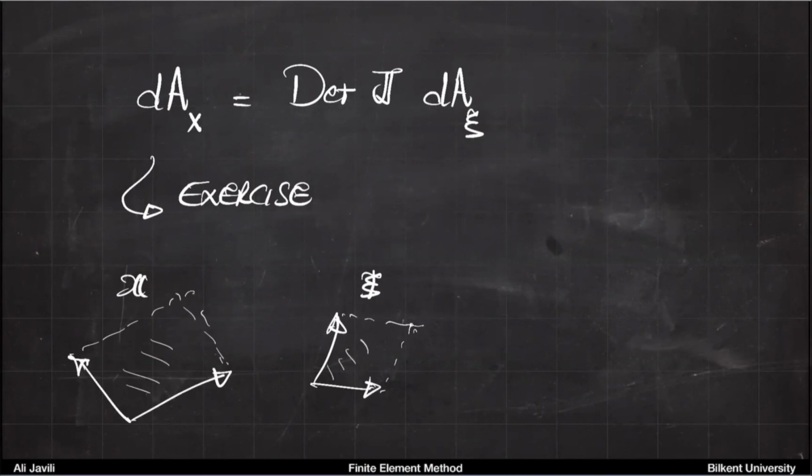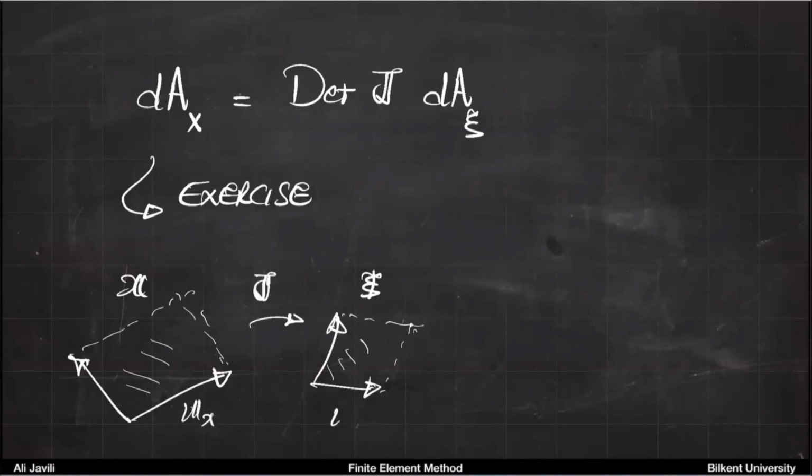You have a mapping in between, by the way, that is your J. And you can clearly see that the area here, maybe you call this U_xi, U_eta, and then you call this UX, UY, not a good name. Let me just call it U and V.